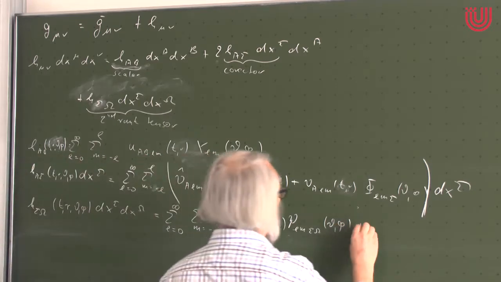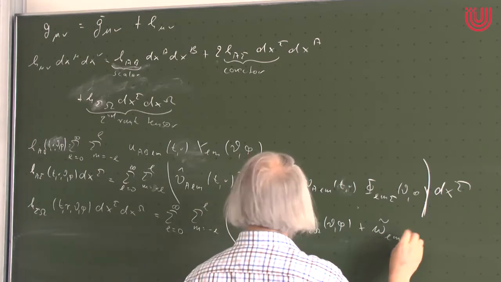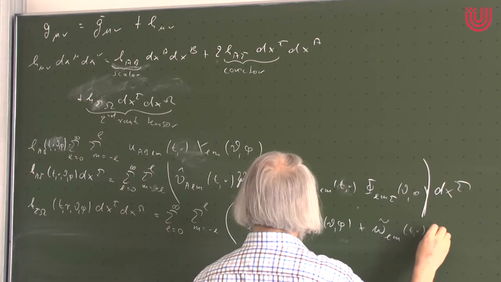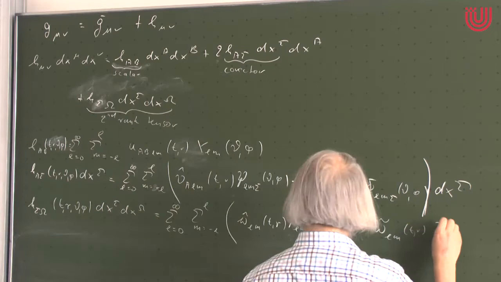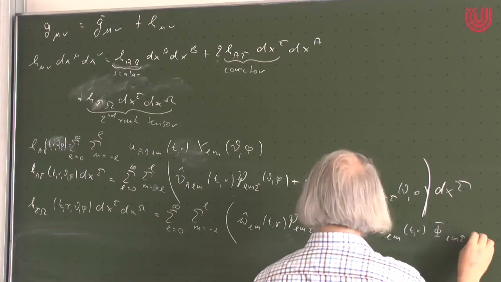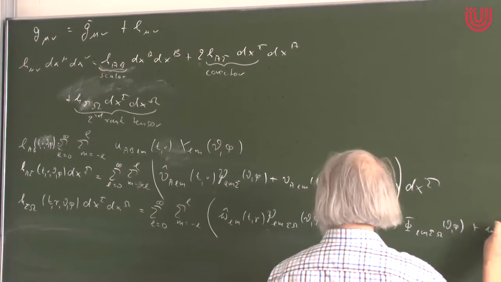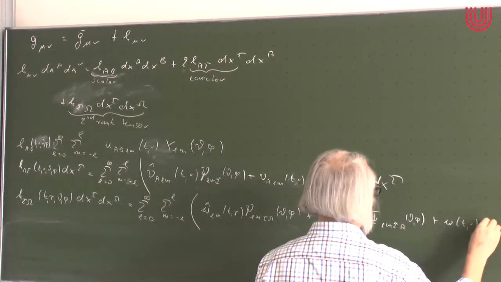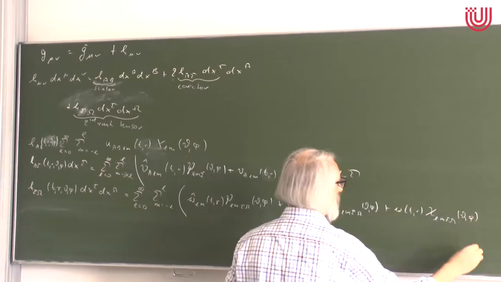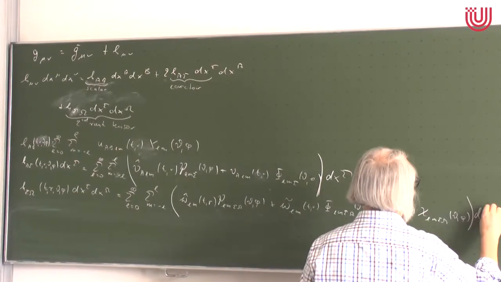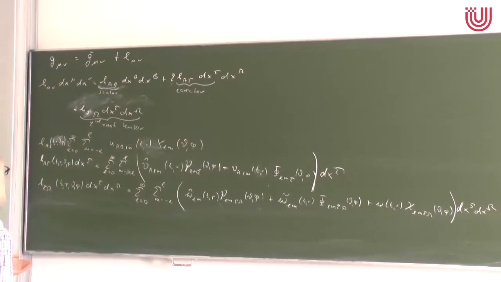And then we constructed two other basis sets which are linearly independent of this thing. V tilde LM TR, I think I called it phi and chi. Yes, phi and chi. W TR chi LM sigma omega, dx sigma dx omega.